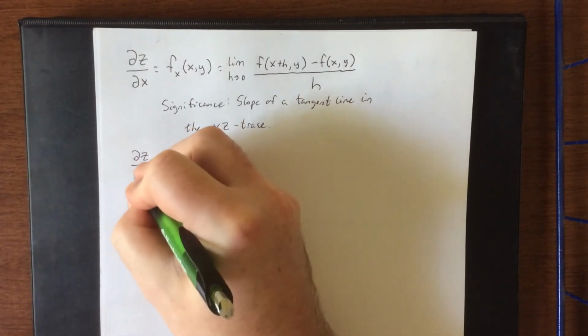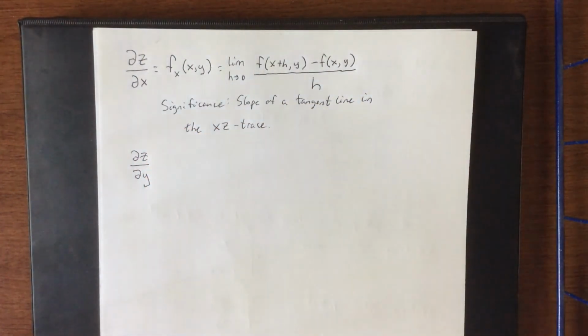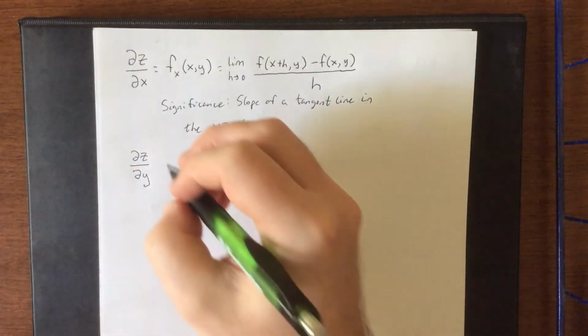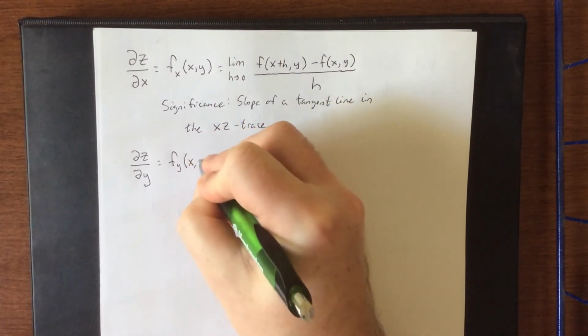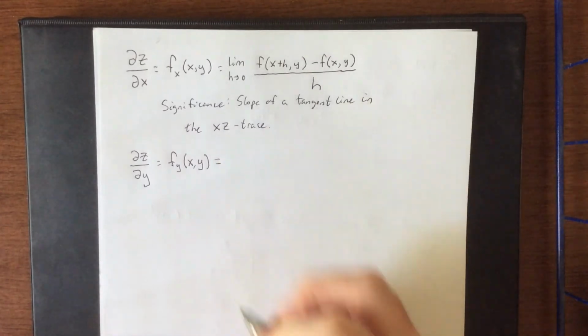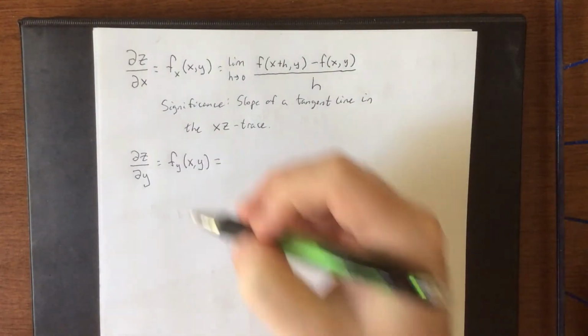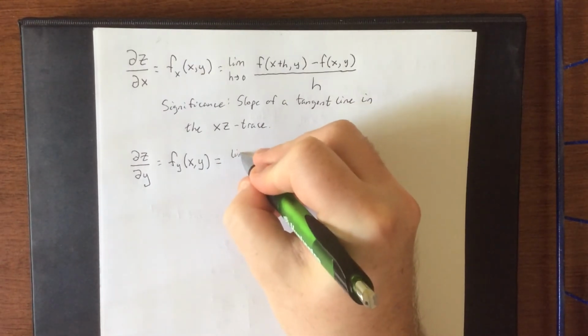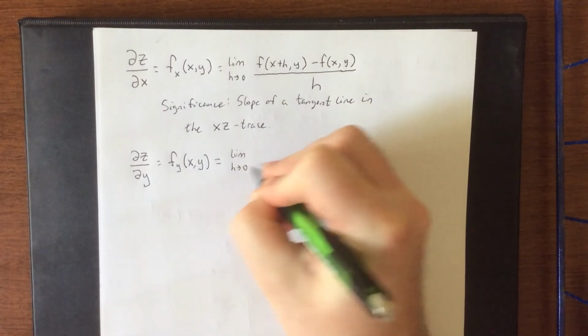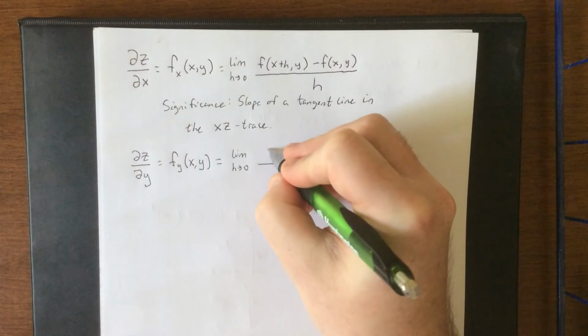Additionally, we can talk about the partial derivative of z with respect to y. Again, your d's are going to look a little funny, and that's okay. For this partial derivative of z with respect to y, or the partial derivative of the function f with respect to y, we are going to be treating y as though it's our variable and treating x as though it's a constant.